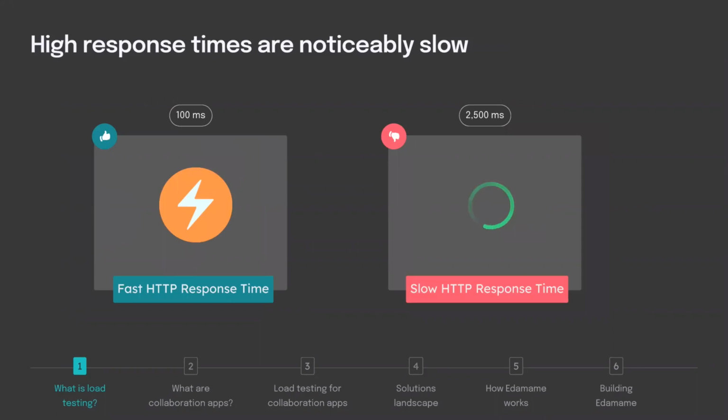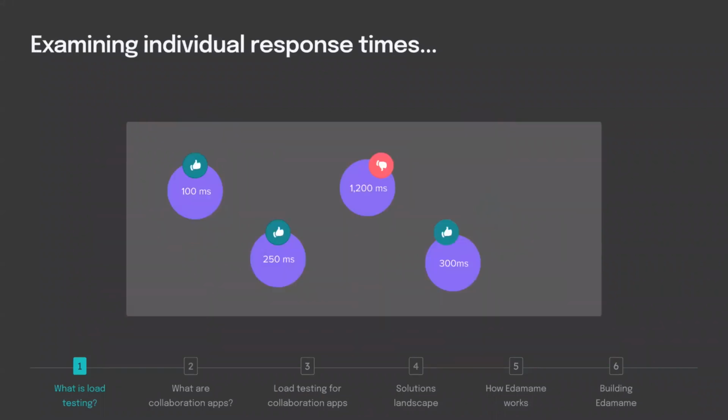So if the HTTP response time is 100 milliseconds, then a user can happily navigate through a site. But if an HTTP response time is 2.5 seconds, then the site will probably feel pretty slow and noticeably glitchy, and a user might not want to use the application ever again. And so once a developer decides that they want to track an HTTP response time, they'll also want to consider how they're going to summarize it.